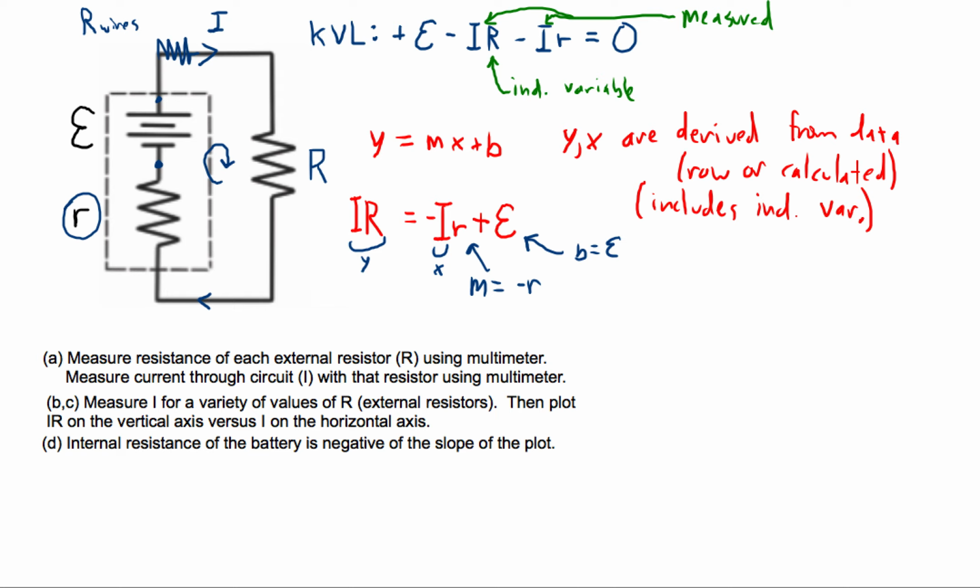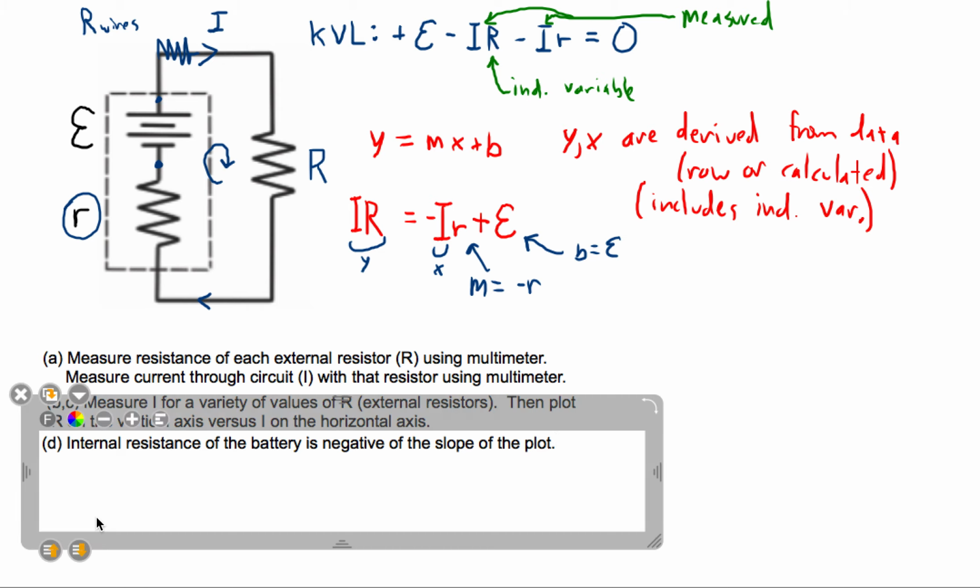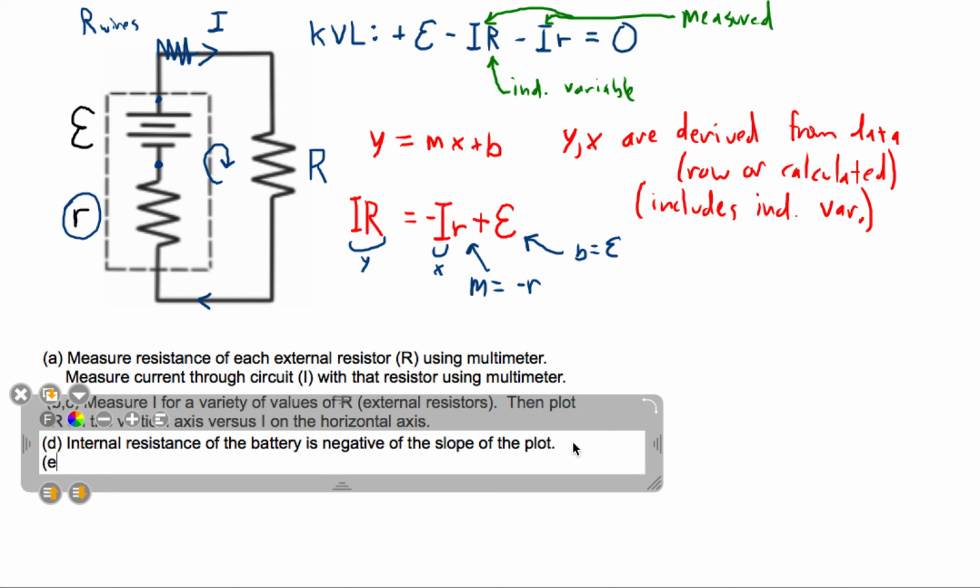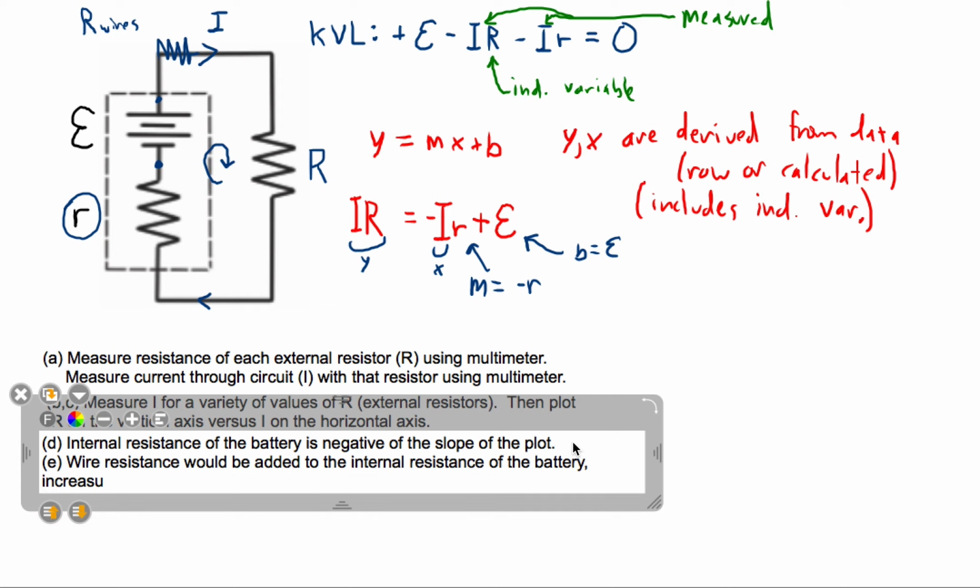So the thing is that would add, let me see if I can, there we go, I can do it with part E. So the wire resistance would be added to the internal resistance of the battery, increasing the calculated value of internal resistance.